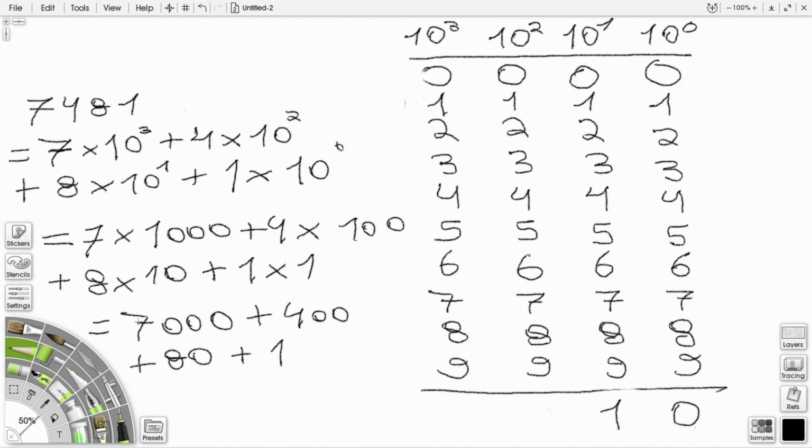And if we sum this, it's going to be our number, 7,481, the number that we wanted to calculate in the beginning, right? That we wanted to represent using this system here that you guys can see.